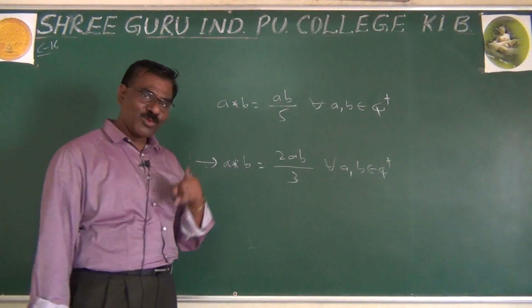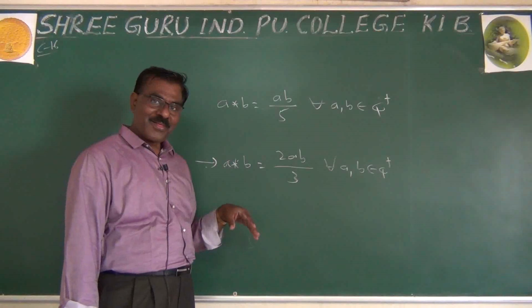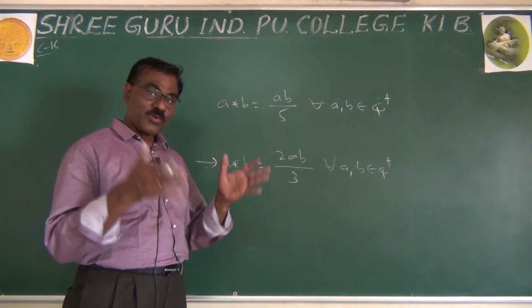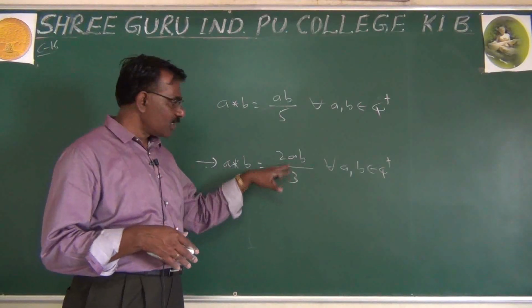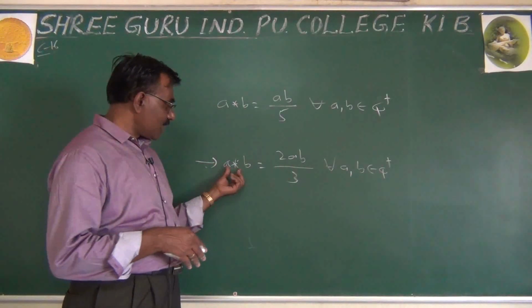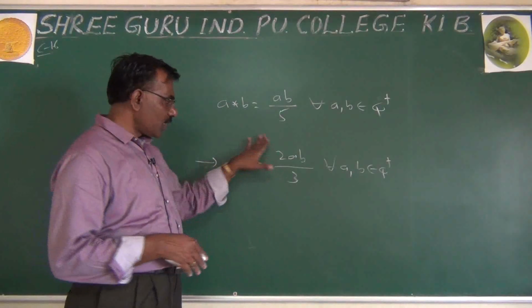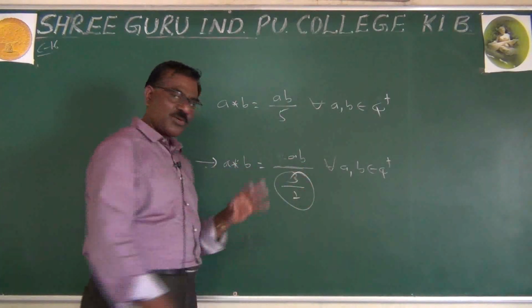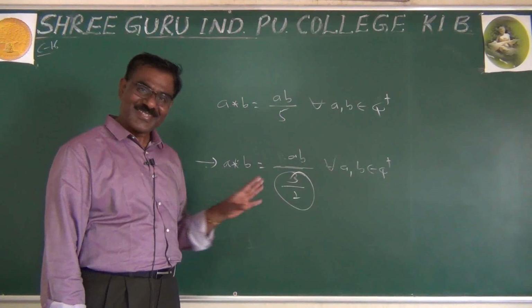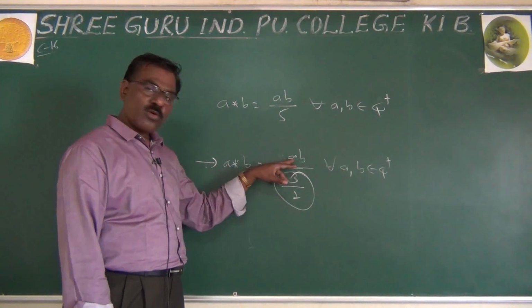Identity is important, not 3. Here AB is there, so it comes in the denominator. So 3 by 2 is the identity element. That is correct. There is no coefficient of AB.